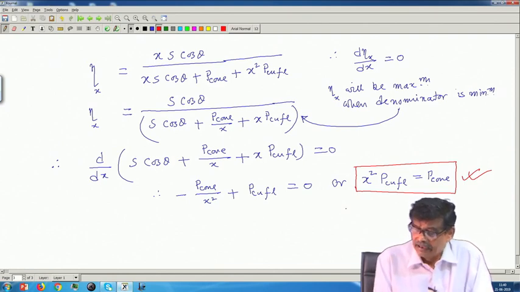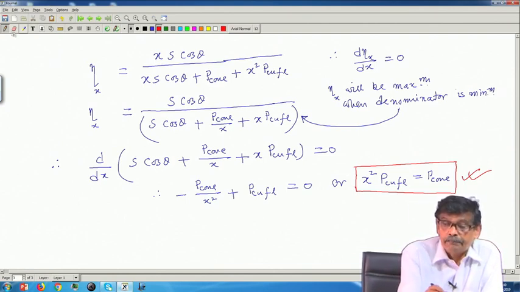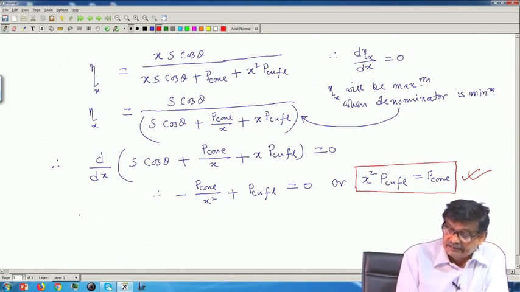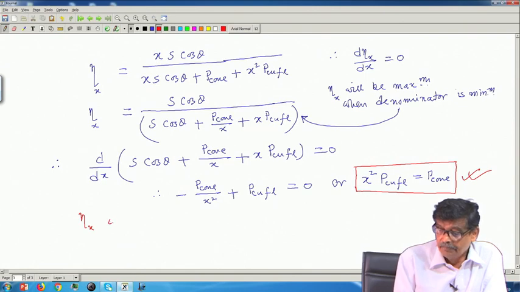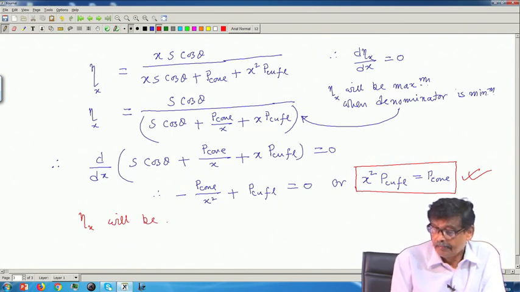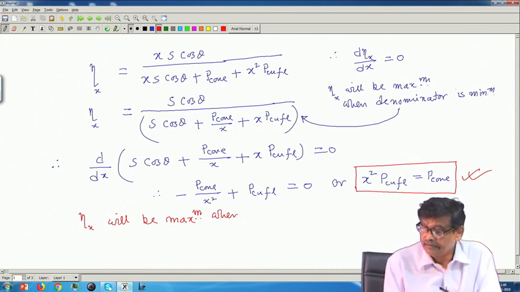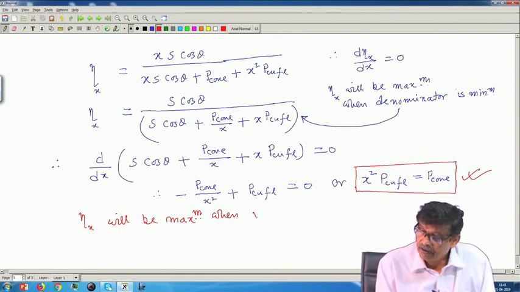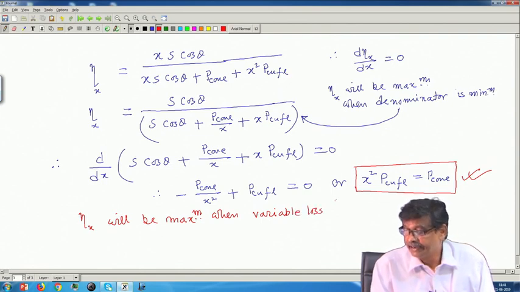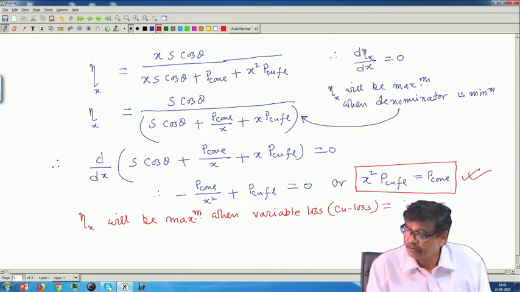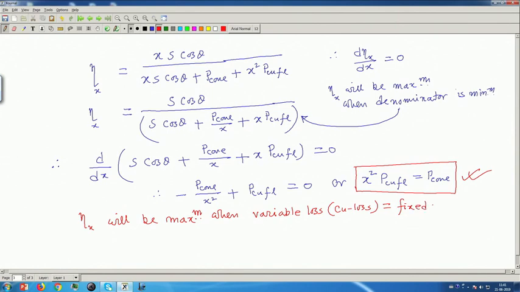So, in other words, I will say in language that eta x will be maximum when the variable loss, in this case the copper loss, is equal to the fixed loss, in this case the core loss. Got the point? This is the thing.